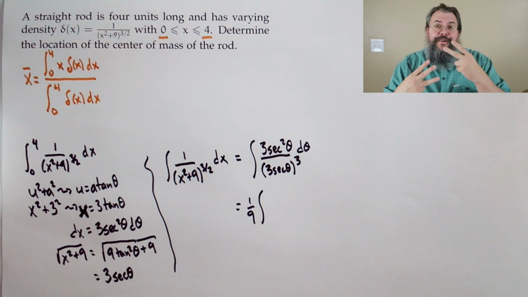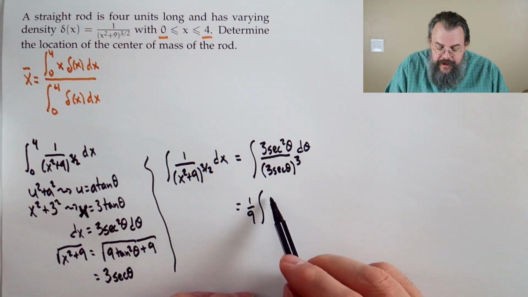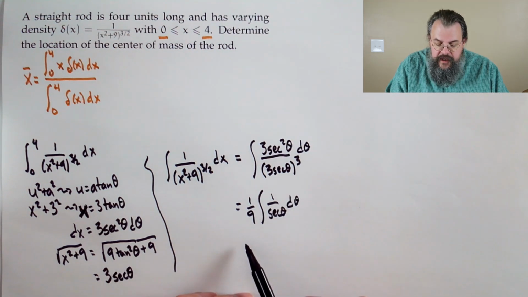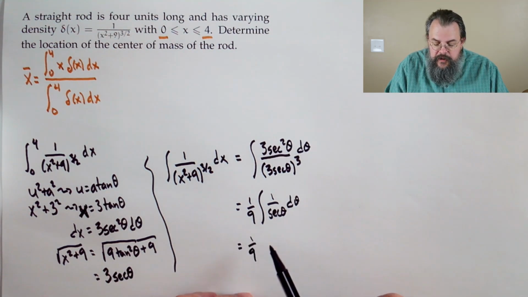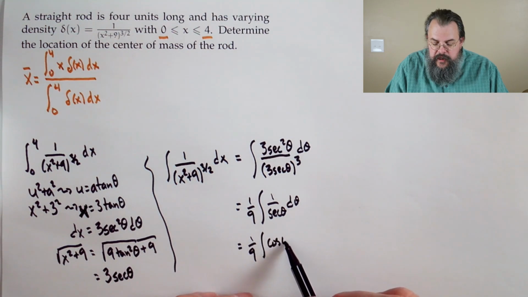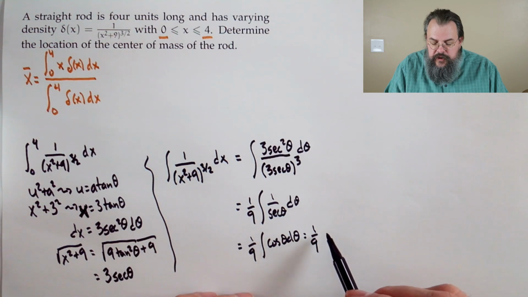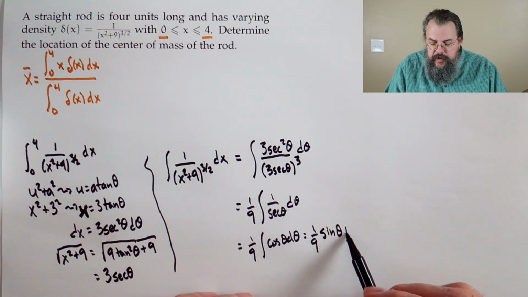There's 3 of them downstairs, secant cubed. So if we cancel the secants, that's 1 over secant. Oh, okay, well, that's not so bad. That would be cosine. Oh, lovely. And then the integral of cosine is sine.